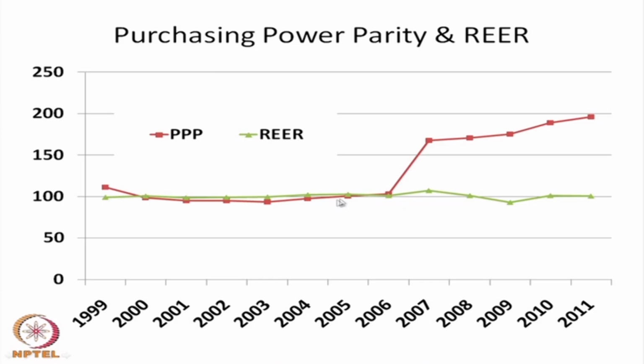After that the purchasing power parity, the red line, is depreciating, because for one basket of commodity Indians are paying more compared to the US. Similarly, tradable items linked to RER remain constant or slightly fluctuating, but the red line, PPP, is depreciating over the years.